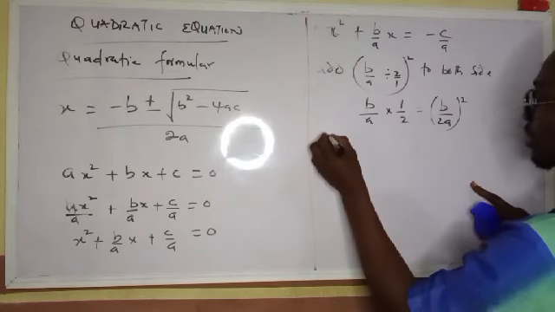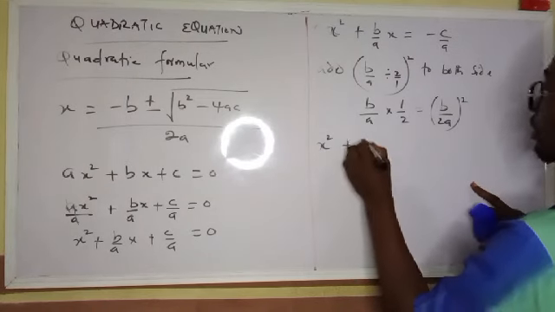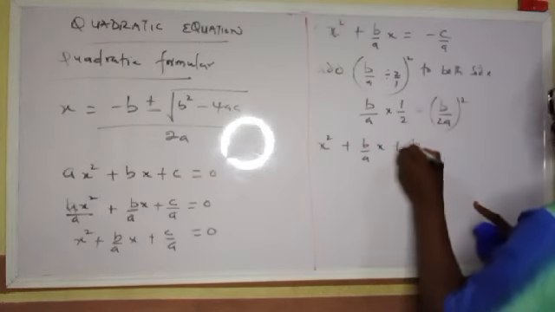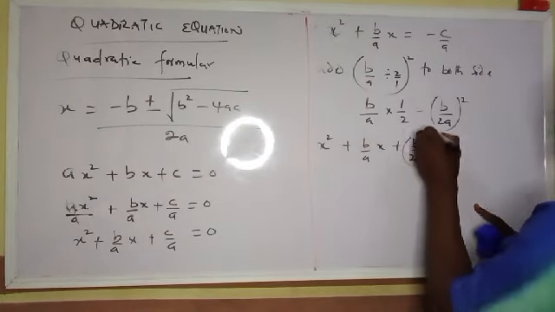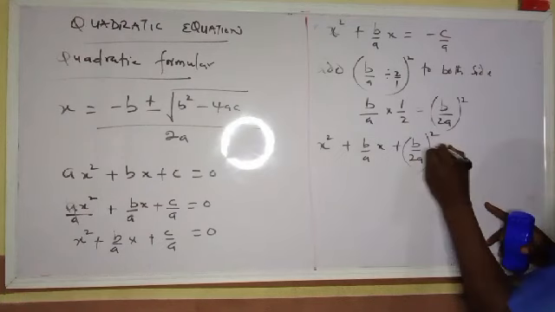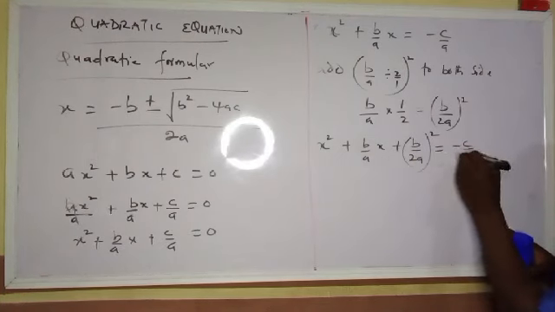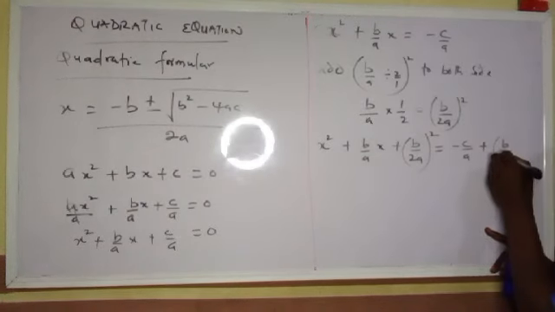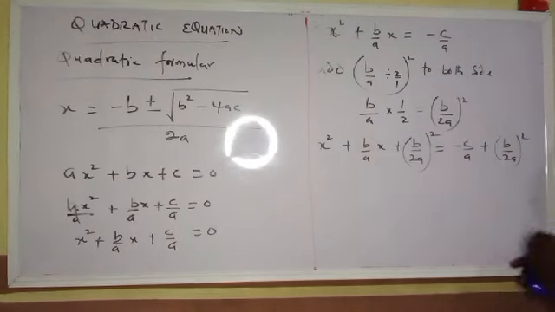We have x squared plus b over a x plus b over 2a, everything squared, is equal to minus c over a plus b over 2a squared.